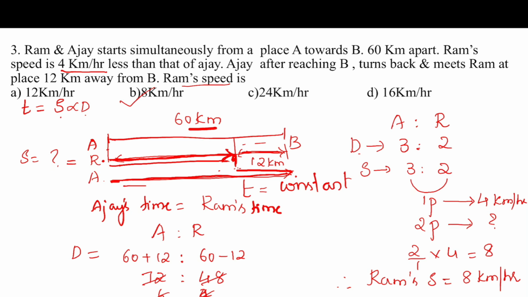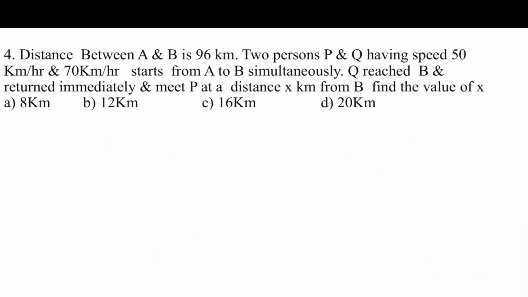Next problem. Distance between A and B is 96 kilometers. Okay, there is a place A and B. The distance between these places is 96 kilometers.